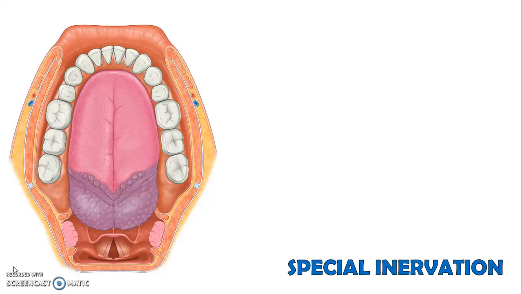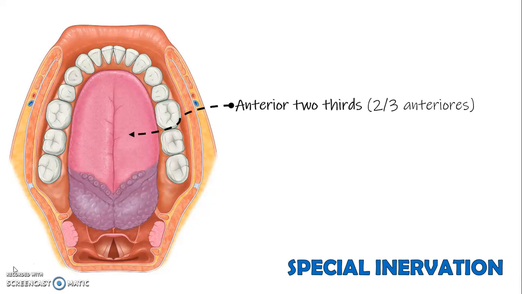Neurophysiology. The special innervation of the tongue is divided in two parts, anterior part and posterior part.